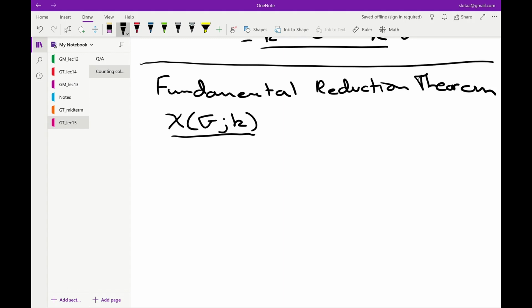The chromatic polynomial of an arbitrary graph G is equal to the chromatic polynomial of a graph with an edge removed with the same number of possible colors k, minus the chromatic polynomial of a graph with that edge contracted. So the chromatic polynomial of G is equal to the chromatic polynomial of G minus E for any arbitrary E within the edge set of G, minus the chromatic polynomial of G with that same edge contracted.